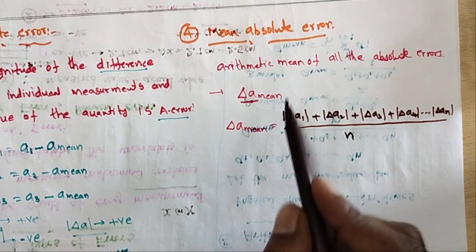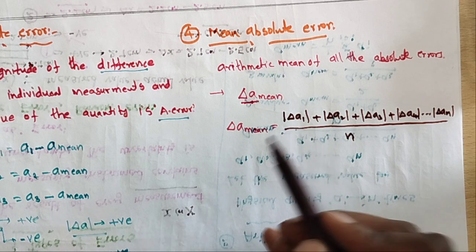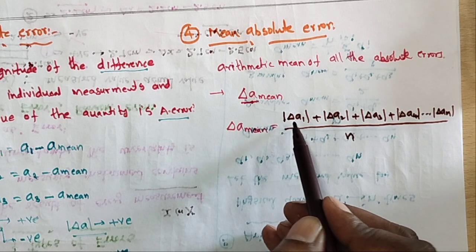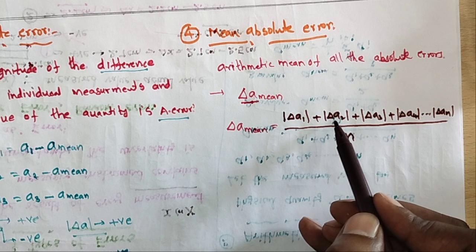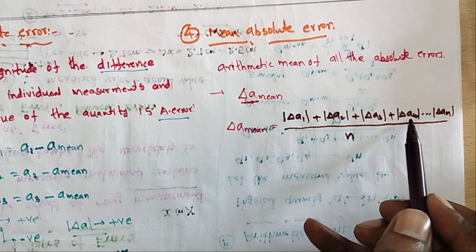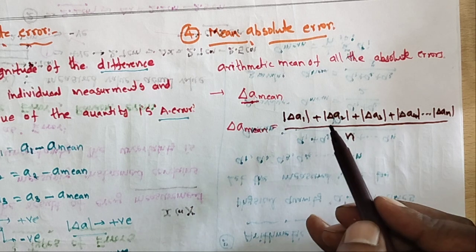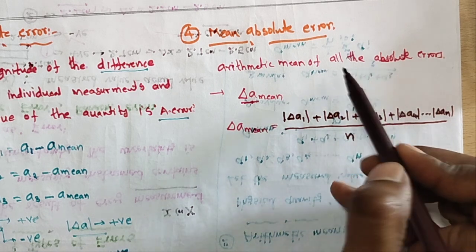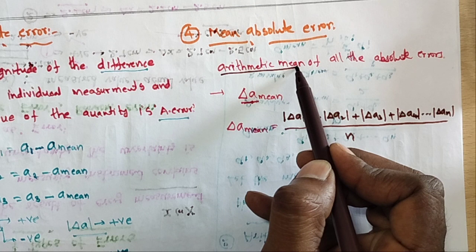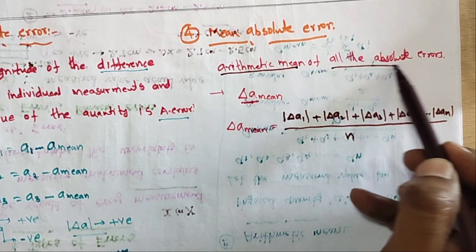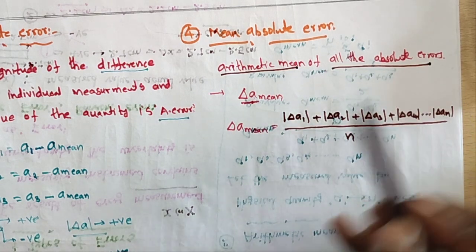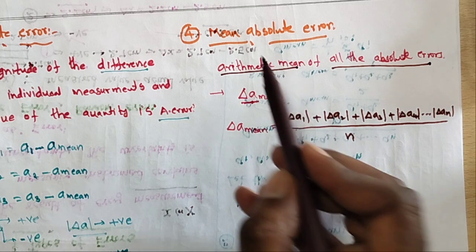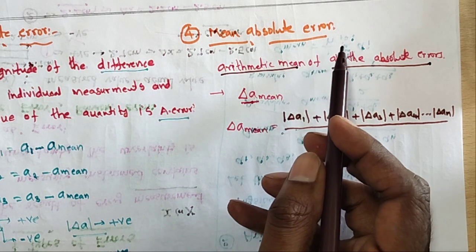This is called mean absolute error. Here delta A1, delta A2, delta A3, delta A4 are absolute error values, so the arithmetic mean of all the absolute errors gives the mean absolute error.